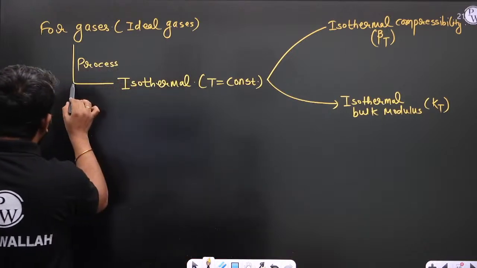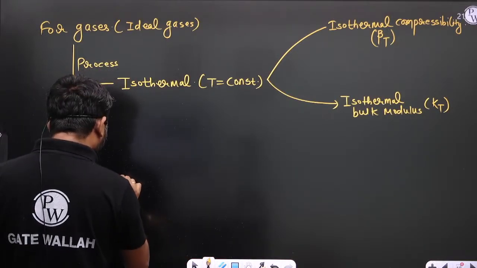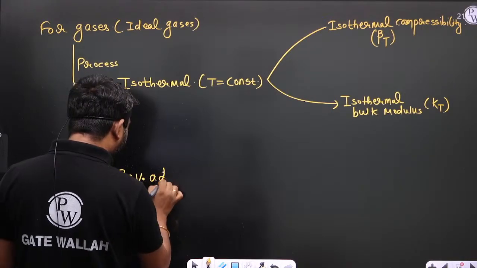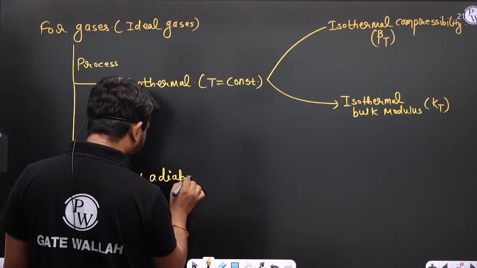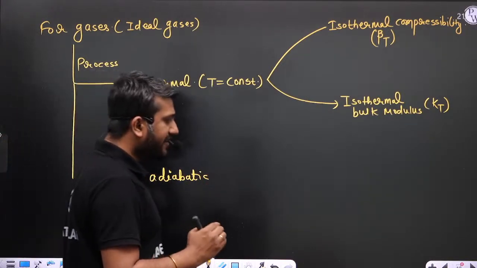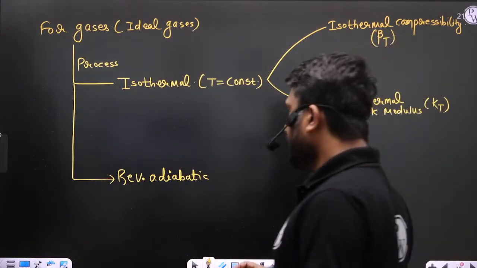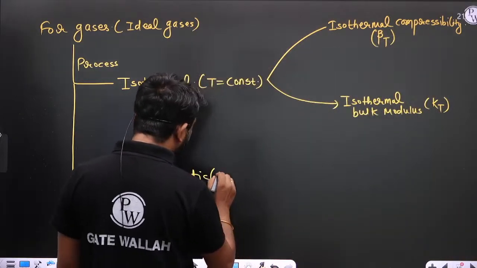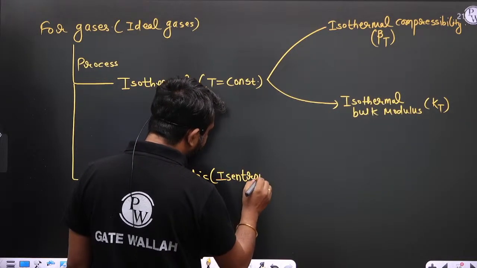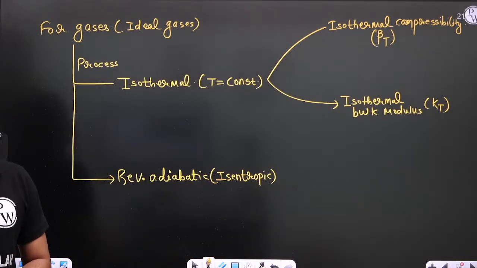Similarly, in a gas, if the process is reversible adiabatic, everyone knows reversible adiabatic means isentropic, entropy constant. Reversible adiabatic means isentropic.